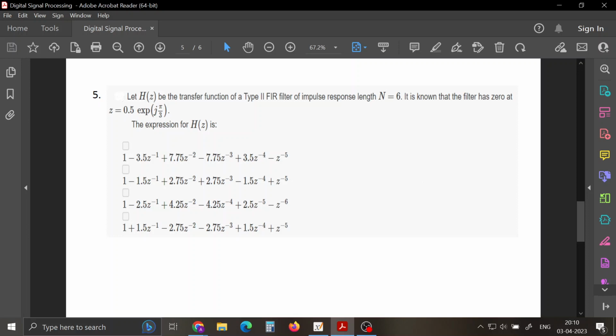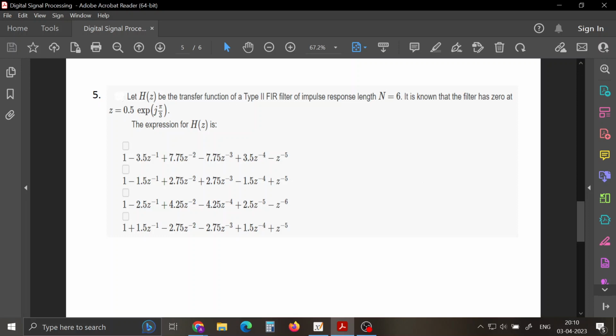Similarly, if we check option B, it might be a possibility because it's even symmetric. The coefficients are exactly similar: the first and last, the second and second last, and so on. For option C, again it's odd symmetric, so you can eliminate it.